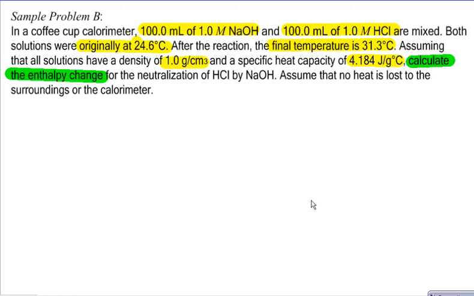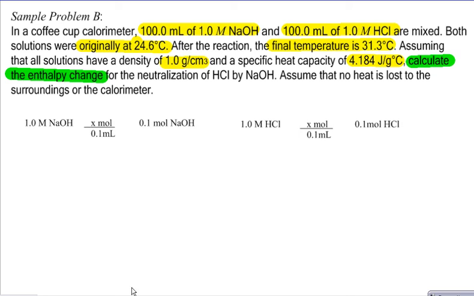So let's go and figure out how many moles of each reagent we had. We find that we have 0.1 moles of each reagent. We need to convert those back into grams because remember the formula is Q equals mc delta T, so we need a mass. From moles we can go to grams by multiplying by the molar mass of each compound.